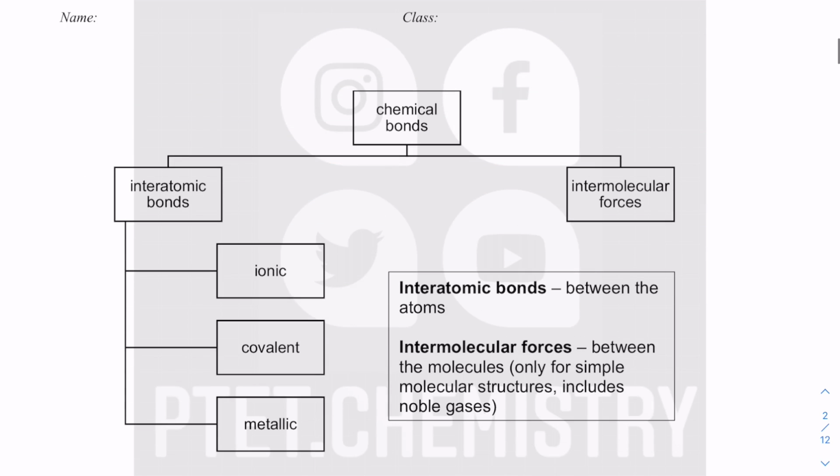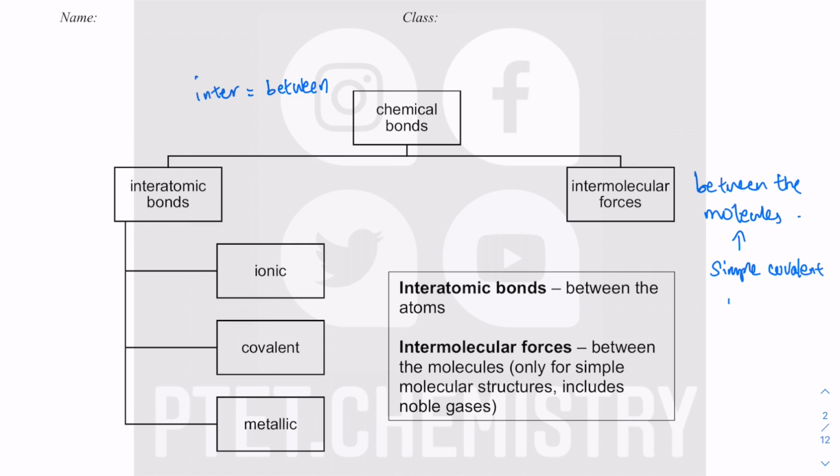In summary, chemical bonds can be divided into two types: interatomic. So inter refers to between. Interatomic, between the atoms. Intermolecular, between the molecules. So these are very important, and we only get molecules when we have simple covalent molecules.